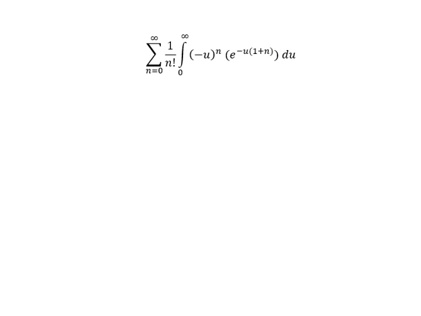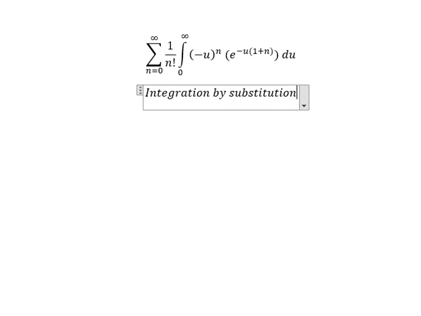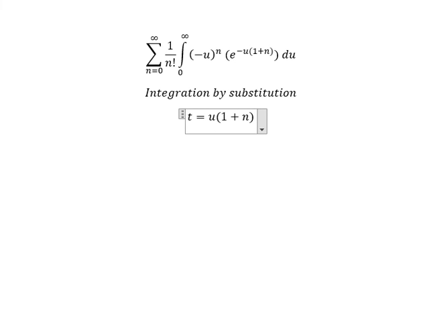Next, we can use integration by substitution. So I will put t equals u multiplied by 1 plus n. Next, we divide both sides by 1 plus n.